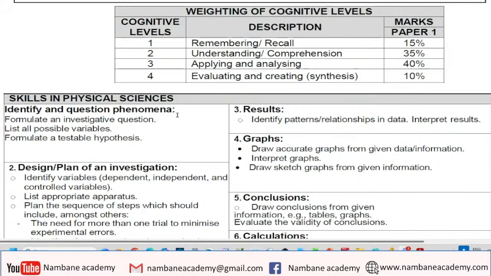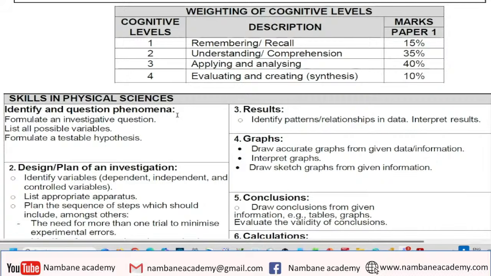Then after identifying the variables, the investigative question should always seek the relationship between your dependent and your independent variable. Then when it comes to your hypothesis and the conclusion, we start first by changing the independent variable, then the dependent variable will change.